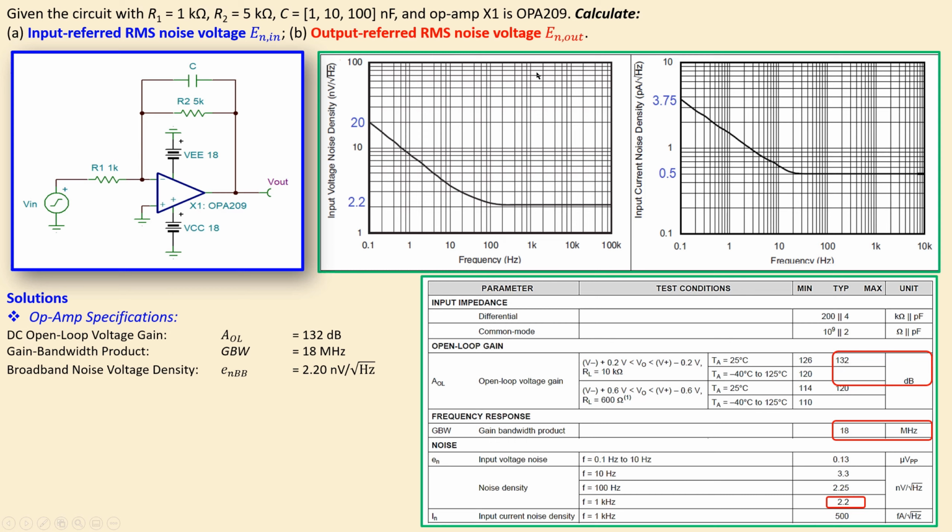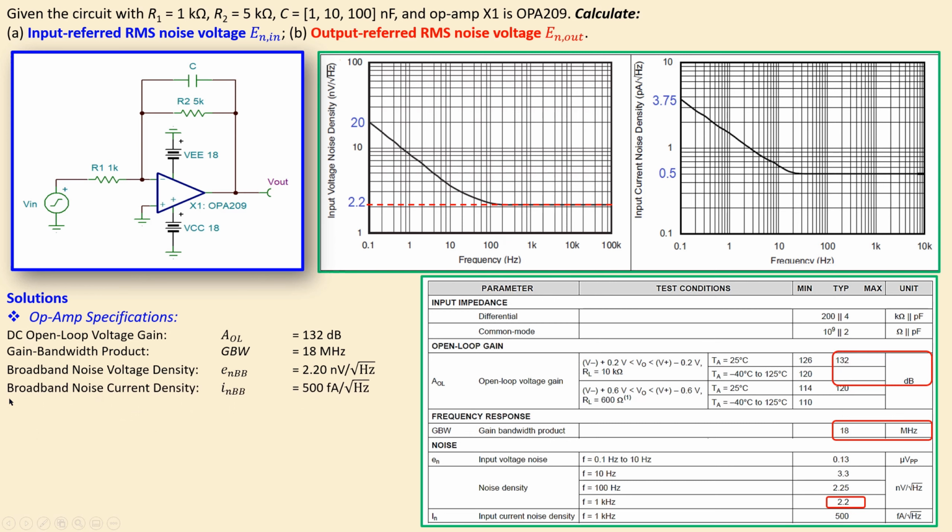You can also see that from the graph here on the left side. This part is frequency independent, so it is not changing with frequency, and has a value of 2.2 nanovolts per root hertz. And this region is a different region, which is called the frequency dependent region, or the 1/f noise region. We will see that later on.